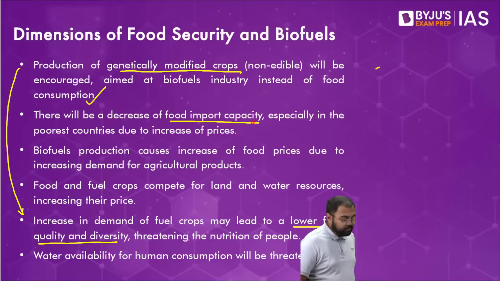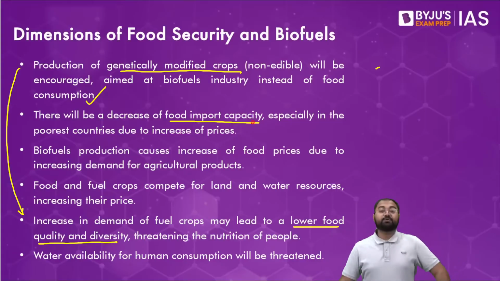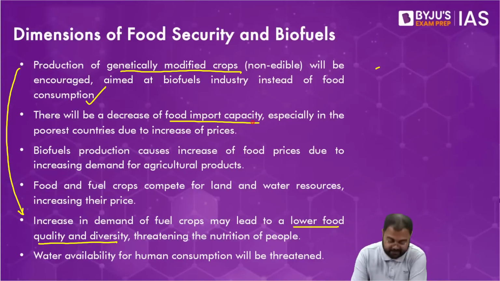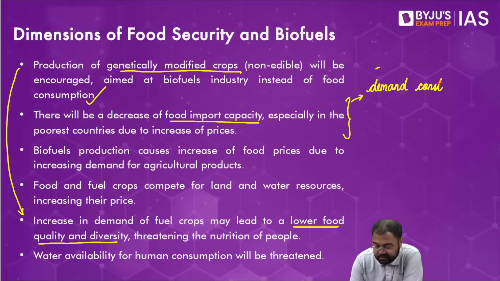So that's why this is something that we need to understand, that why exactly are we saying that food import capacity for many of the countries might decrease. So in this particular scenario, what we are saying is that demand remains constant, supply decreases, so price increases.